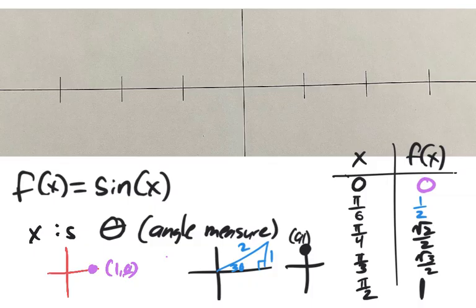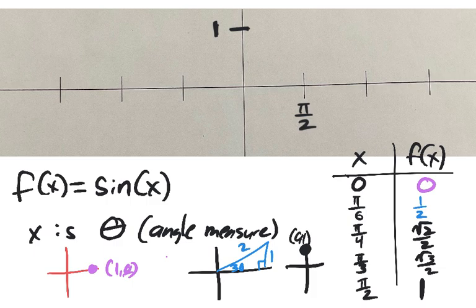So, because this is only the first quarter of the unit circle, we're going to make that graph happen between 0 and pi over 2. This is 0, right, the origin. And this is the first quarter of my graph. So I'm going to make this x value here be pi over 2. And I'm going to make the y values go up to 1.